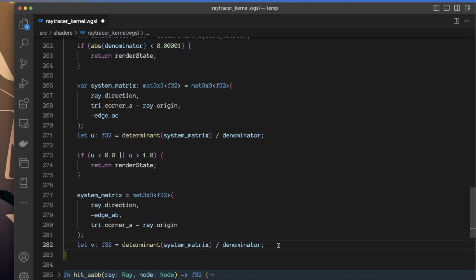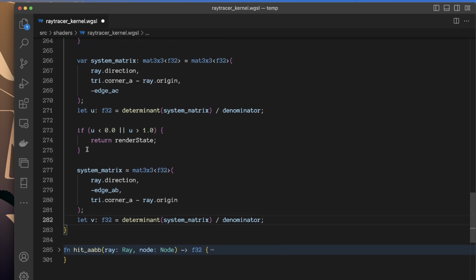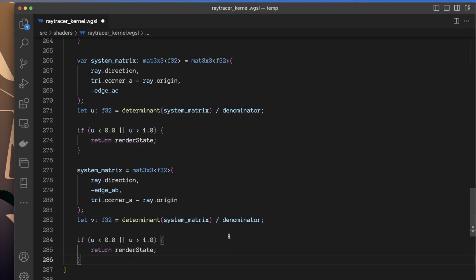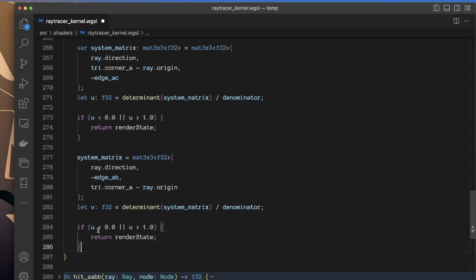Yeah, okay. So now, what tests do you reckon we could use for V? Well, we definitely know that v shouldn't be negative. And furthermore, we have that u plus v plus w has to equal 1.